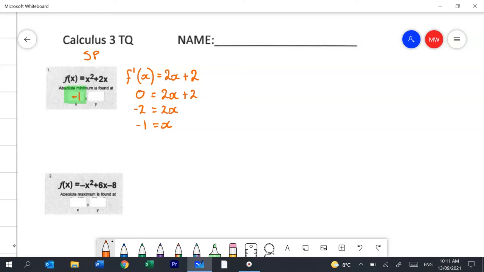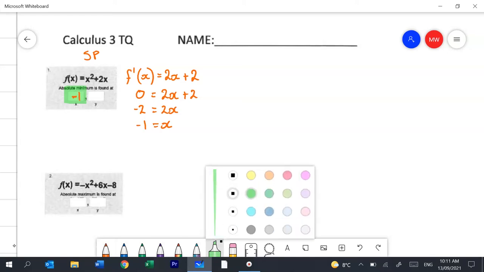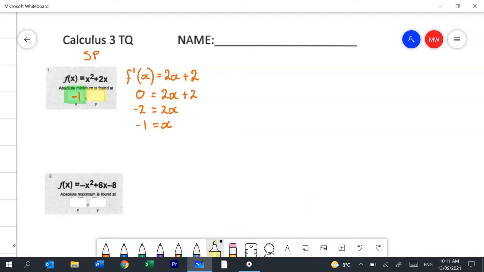Now to find the y value, so now I'm chasing this bit here, I sub it back into the original equation, not the derivative function. And the reason that I do that is because I'm chasing what the y value is when x is minus 1 in that equation. So I write out that equation.